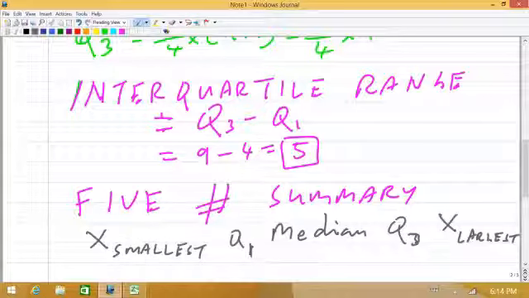So again, to repeat: smallest observation, then Q1, then median, then Q3, and then finally the largest observation.